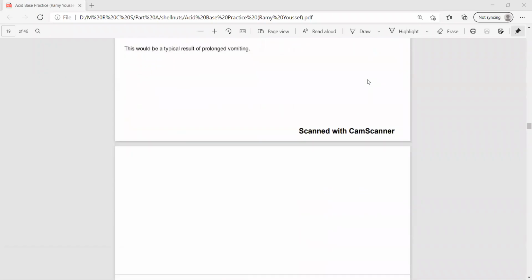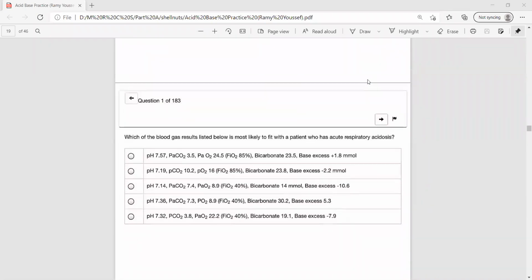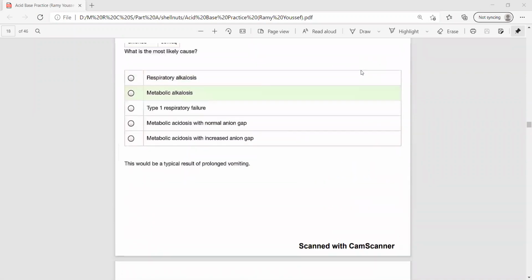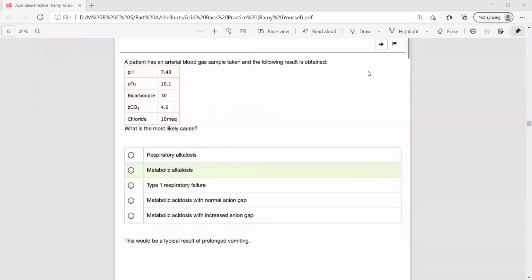Dr. Ismail, I'm with you. So these are the examples you can see in the exam. He can give you a table with the parameters and want you to know the problem. Just 2 minutes to understand what the exam is.